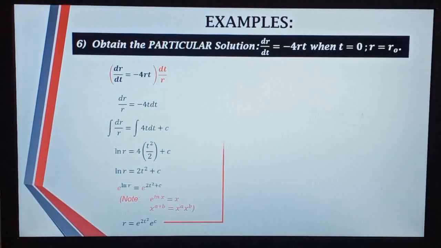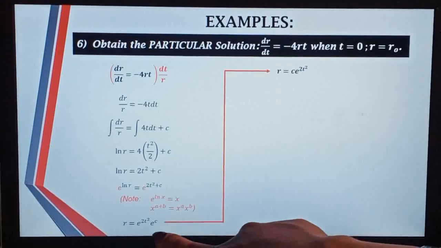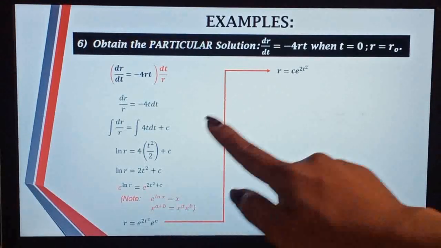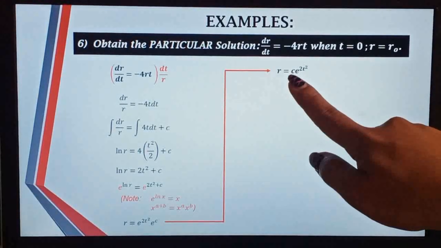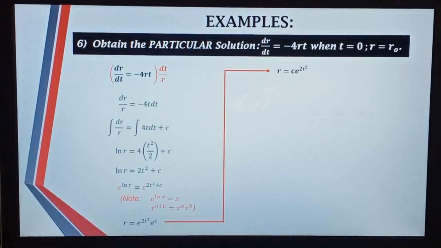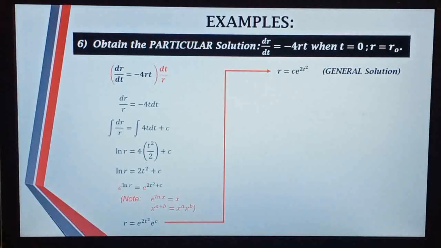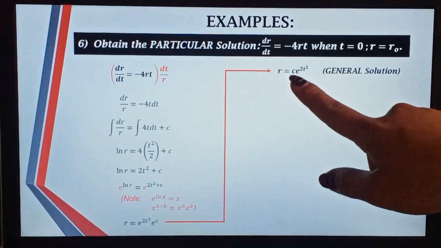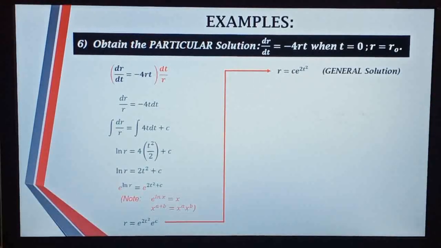Bakit? Para si e raised to c can be expressed as simply c. So, our equation now is r equals c multiplied to e raised to 2t squared. So, in that case, that is our general solution since we still have the arbitrary constant c.